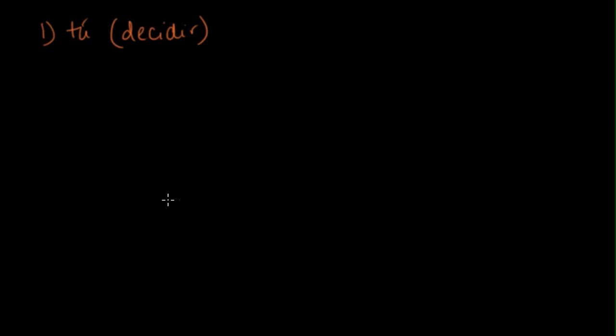And for number 2, I will have Rico y yo, and the verb will be dividir, which means to divide. Alright, so pause the video, conjugate these verbs, and then unpause the video and I'll give you the answers.